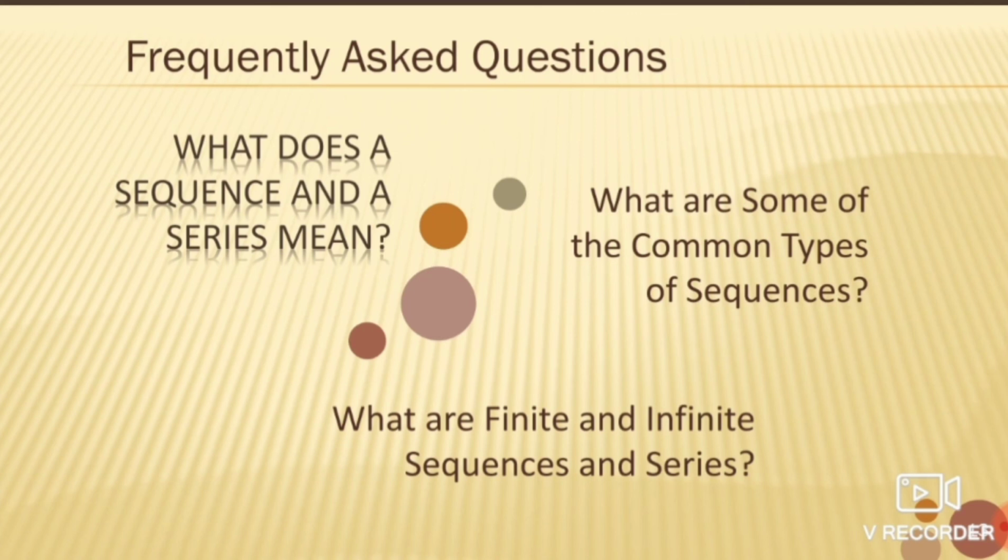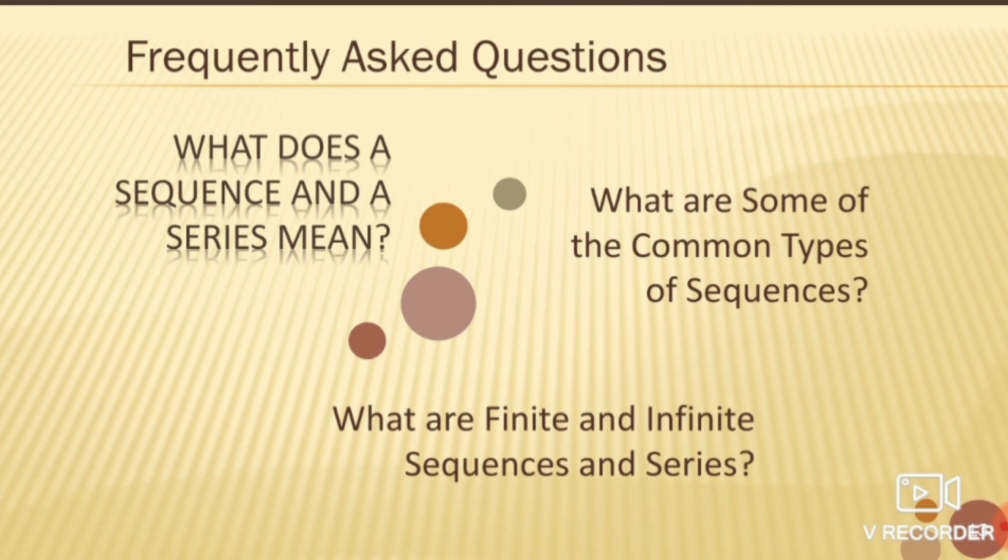Question 3. What are finite and infinite sequences and series? A finite sequence is a sequence that contains a last term, such as a1, a2, a3, a4, a5, a6. On the other hand, an infinite sequence is never ending: a1, a2, a3, a4, a5, a6, and so on.